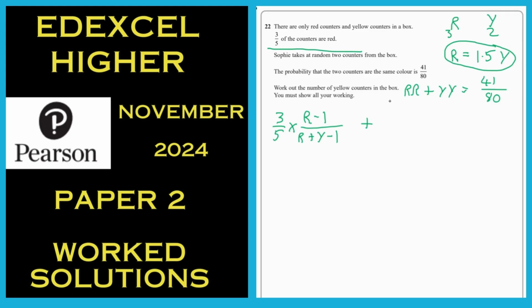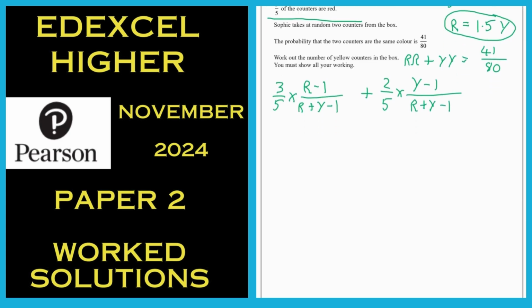Same logic for yellow yellow, but it's now 2/5. Take the number of yellows minus 1, and the number of counters in the bag will actually be the same. Moving this forward, we can combine these two. They have the same denominator.